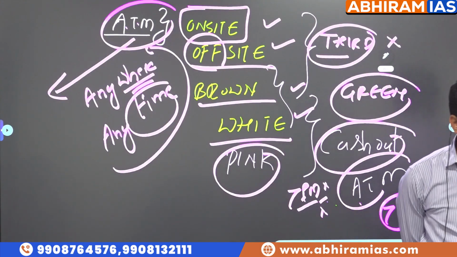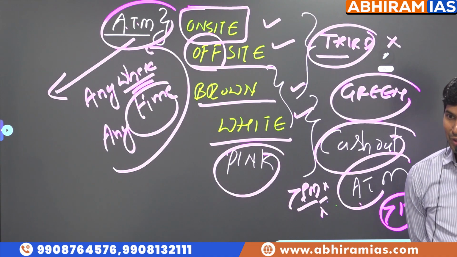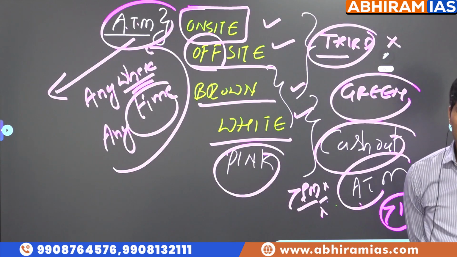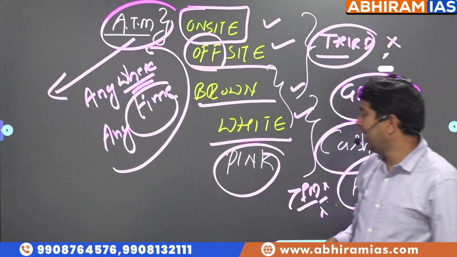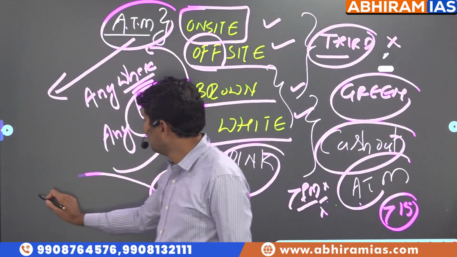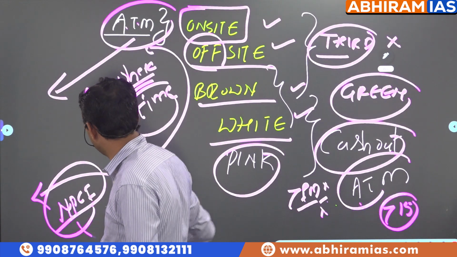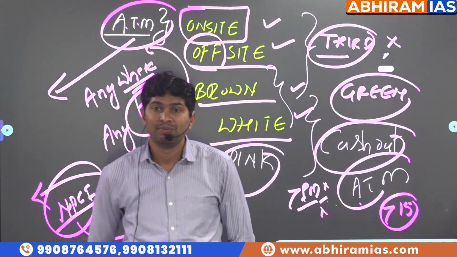All ATM complaints should be resolved within 5 working days. Earlier it was 7 working days. Now RBI, as part of improving service efficiency, has made it 5 working days. All ATMs are connected to one switch called the National Financial Switch, managed by NPCI, the National Payments Corporation of India.